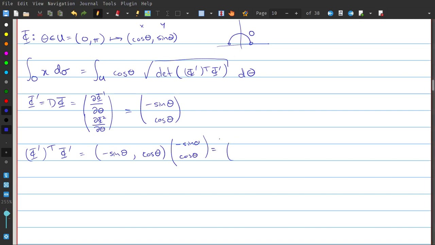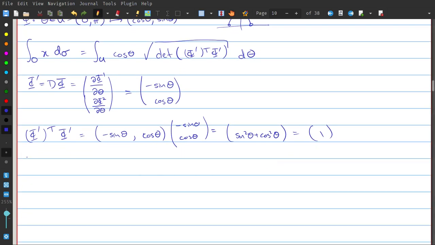What we end up with is a 1-by-1 matrix, which is sine squared plus cos squared, and that is 1. So we end up with a 1-by-1 matrix where the only entry is 1. We now take the determinant. It's clearly just going to be 1, and the square root is again 1.